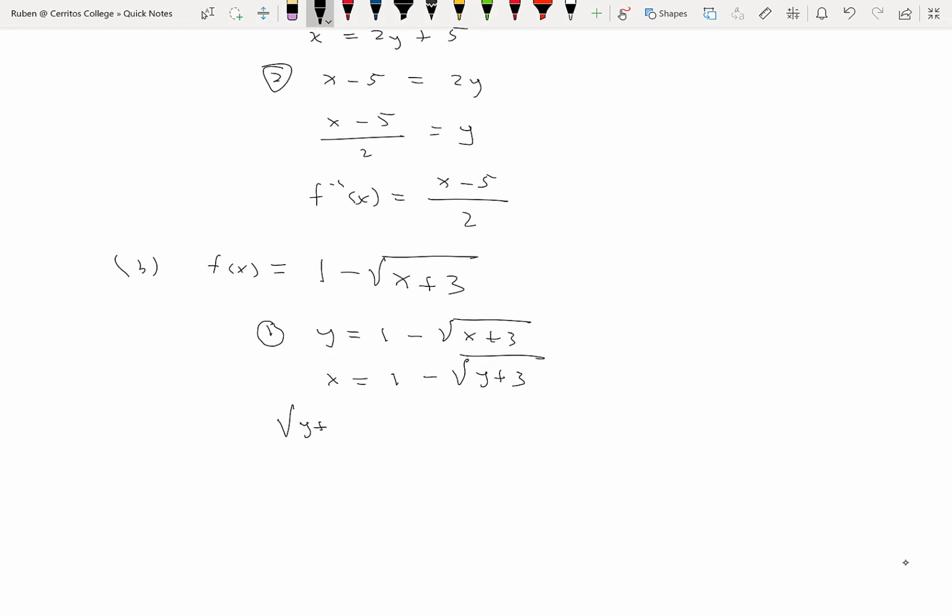Let's take the square root to one side. Minus the square root of y plus 3 equals x minus 1. Really I just took the 1 to the other side and reversed things. And square both sides. y plus 3 equals x minus 1 squared. And subtract 3 from both sides.